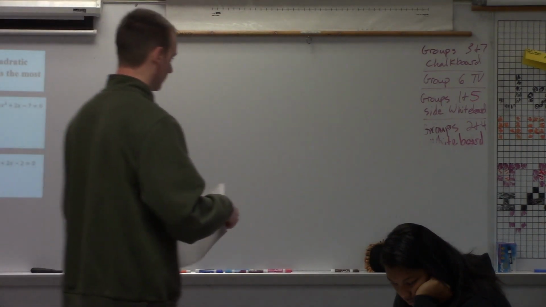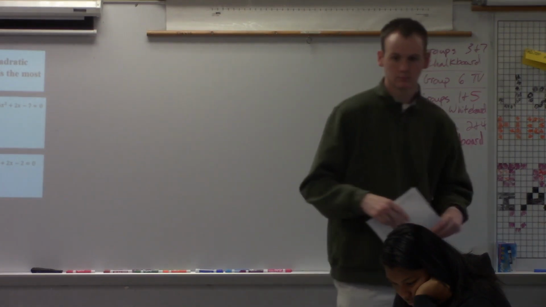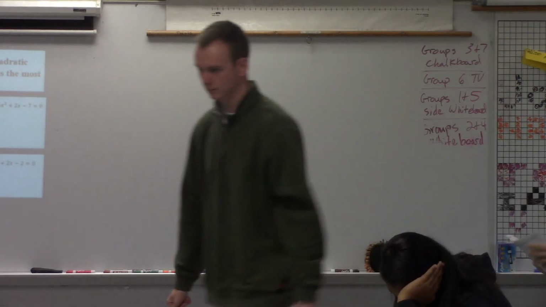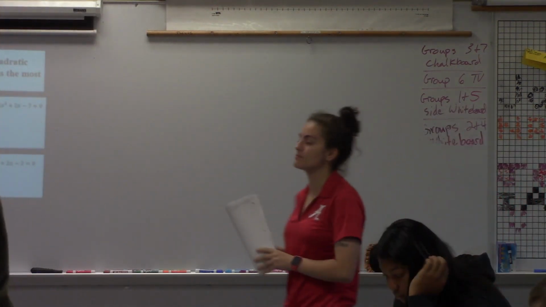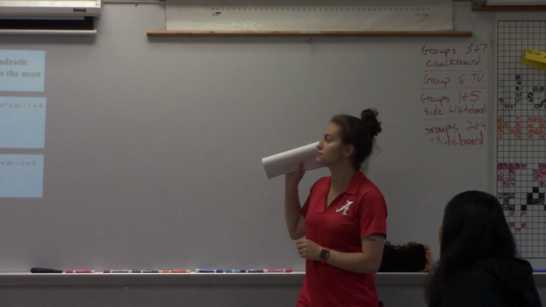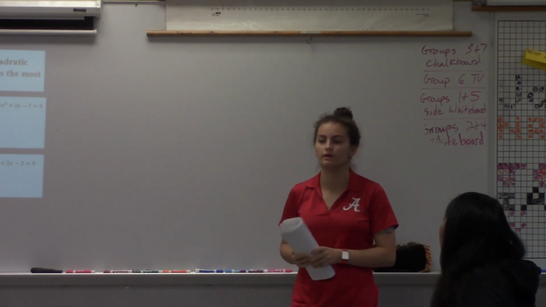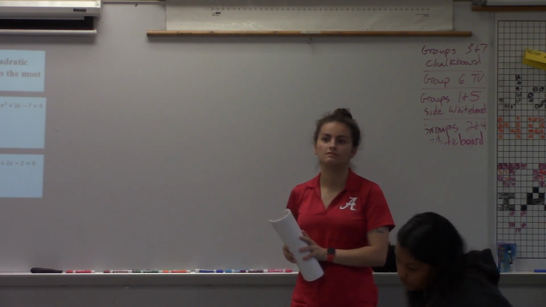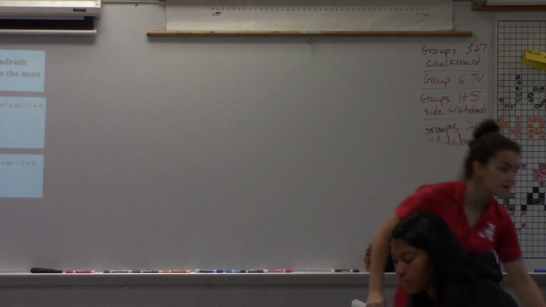Does that make sense? So you're going to go to your vertical surfaces, write down the equation that corresponds to your group number, and then talk with each other to identify the best method that y'all think is best to use to solve the equation. Does that make sense? Okay, all right, so y'all can get up and get started.